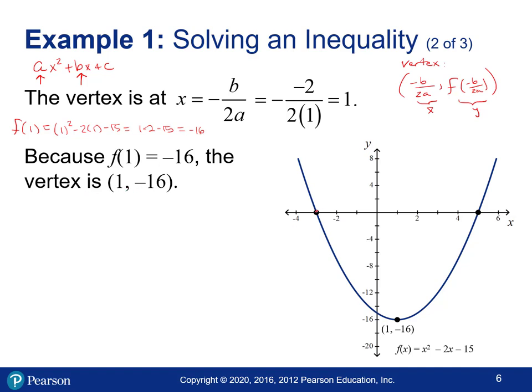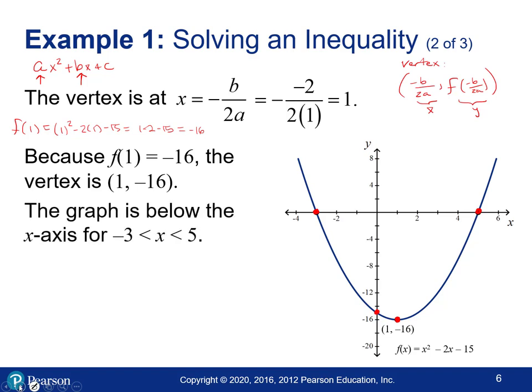So we have our two x-intercepts that we found at negative 3 and at 5. We have our one y-intercept right here at negative 15. And then we just found our vertex down here at 1 comma negative 16. Now, we have to go back and say, wait, this was an inequality. So let's answer the question. So originally, we were asked, when is x squared minus 2x minus 15 less than 0?